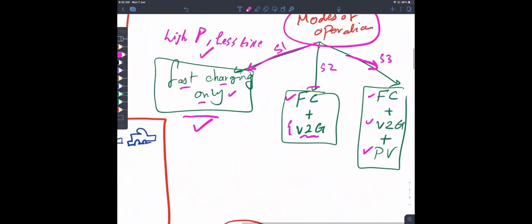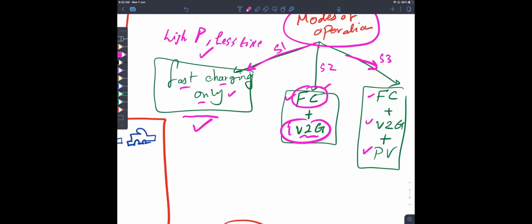Here it means the charging station itself has 2 features. There are vehicle to grid machines, stations or ports, and we also have fast charging. So the charging station supports the 2 features.